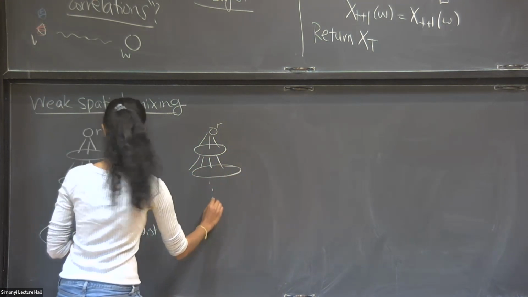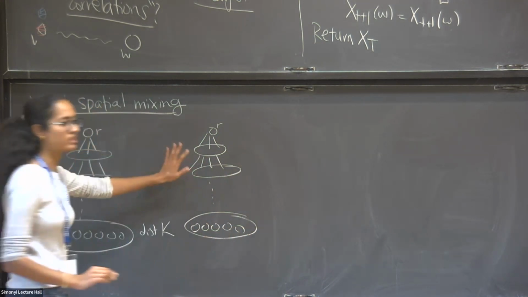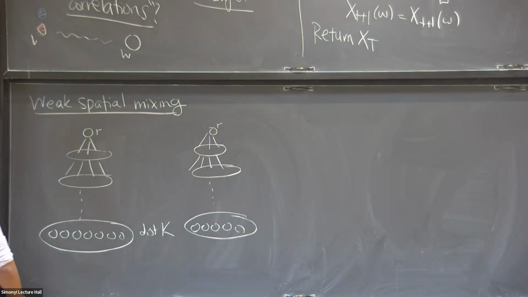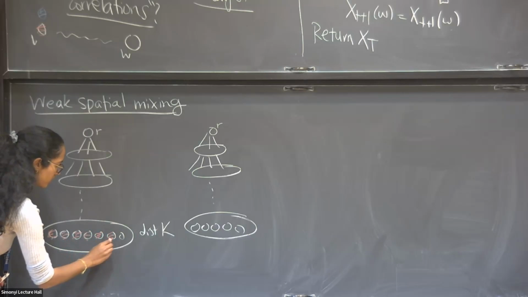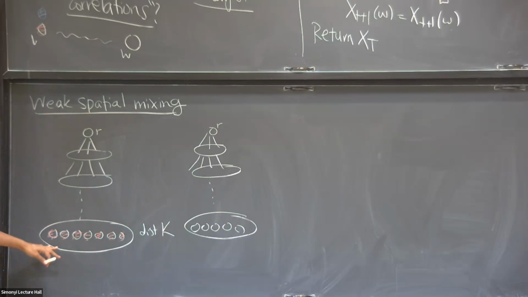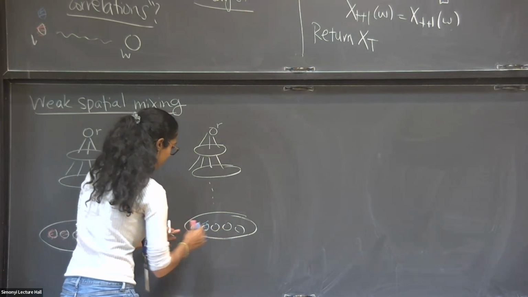This is about the limit of my artistic skills. So these are just 2 copies of the exact same graph. And what weak spatial mixing says is that suppose in this left-hand copy, I color all of the vertices that are distance k away with some set of colors. I'm just calling them all red for simplicity. And on this right graph, I color them something different.